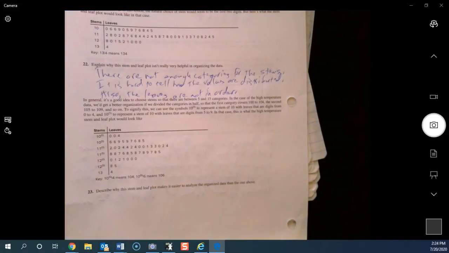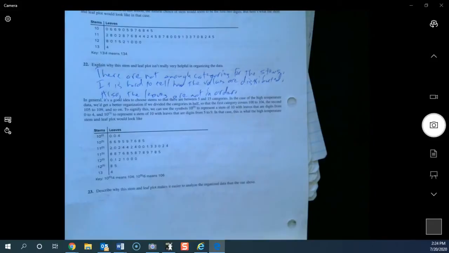To signify this, we can use the symbol 10(0) to represent a stem of 10 with leaves that are digits from 0 to 4, and 10(5) to represent a stem of 10 with leaves that are digits from 5 to 9. In that case, this is what the high temperature stem and leaf plot would look like. Now remember, these parentheses are not exponents. That's just signifying that this is from 100 to 104, 105 to 109, and so on.